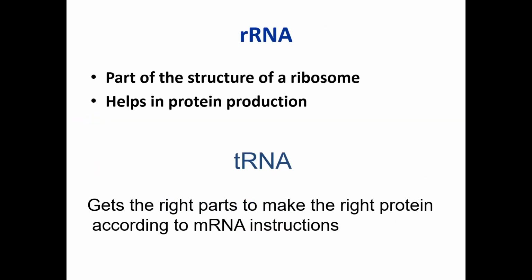Okay. Now, what does this rRNA do? This ribosomal RNA molecule associates with proteins to form ribosomes, which is a site of protein synthesis. Okay. So, which helps in the protein production. So, this tRNA gets the right parts to make the right protein according to the instruction of what? mRNA.